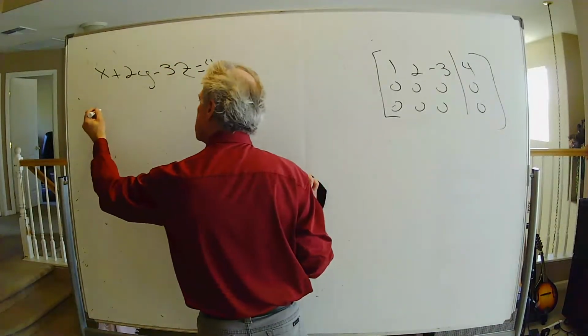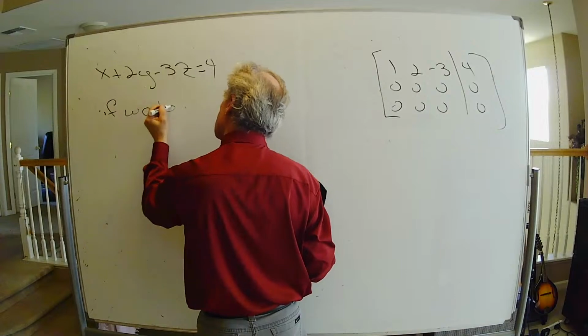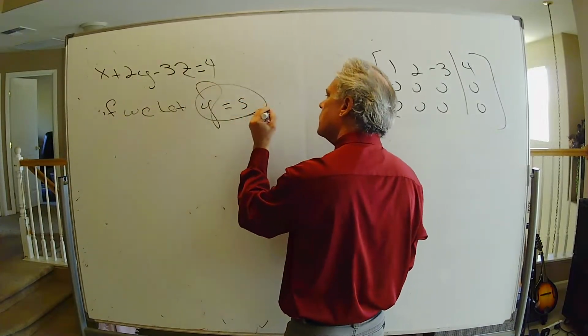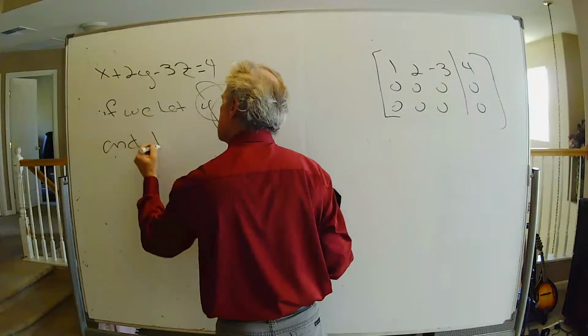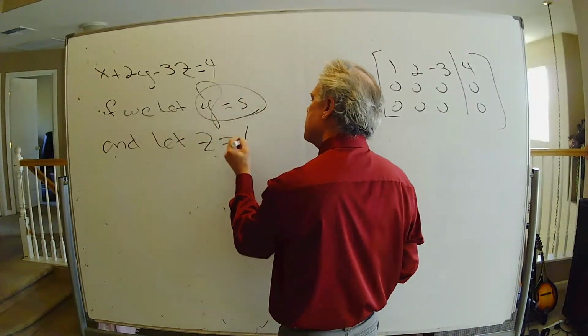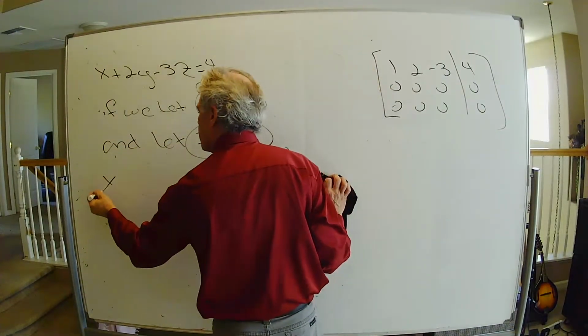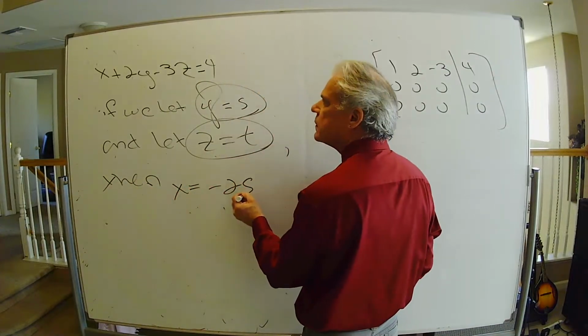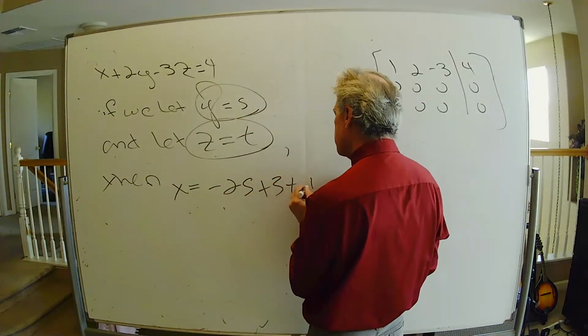And if we let y be equal to s, and let z be equal to t, then correspondingly, I do think it forces x to be negative 2s plus 3t plus 4.